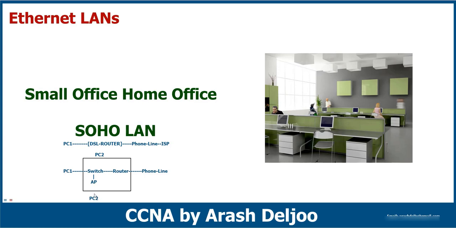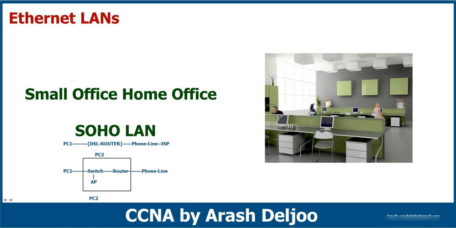Because of that, in many cases in SOHO LANs, we are using devices that combine multiple devices, for example a router, switch, and in some cases access points. Because of that, in SOHO maybe you encounter these different technologies. And now you can better understand what the LAN of a small office, home office is.